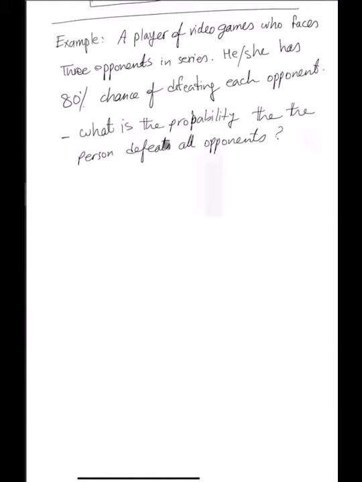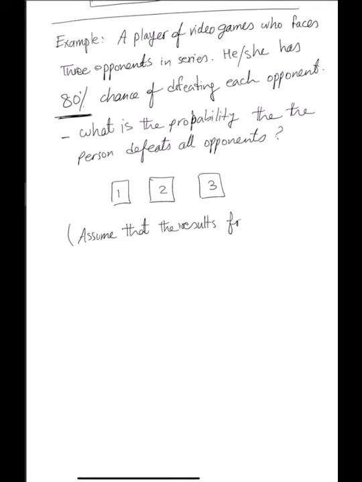Okay, so we want to answer that question. There are three opponents: opponent 1, opponent 2, opponent 3, and this person has 80% chance to defeat any one of them. One other thing I need to tell you, and this is important: assume that the results from opponents are independent.